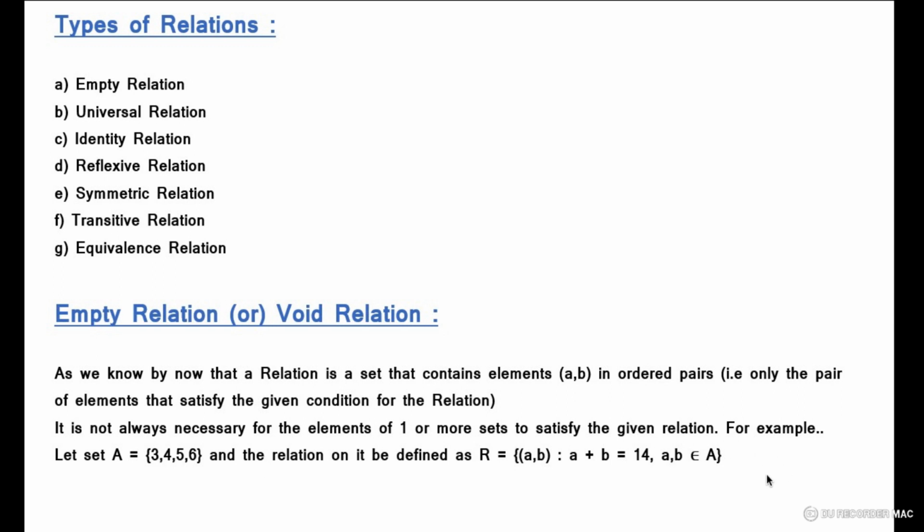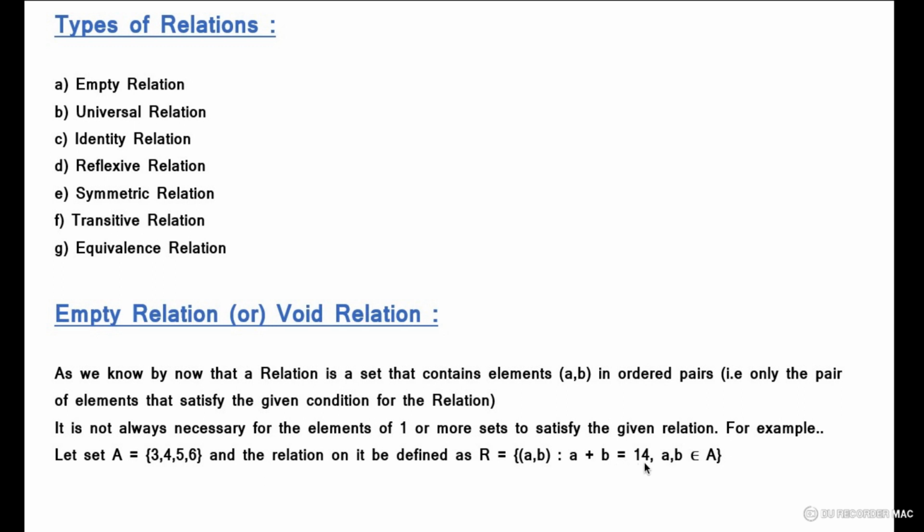For example, let's say set A equals {3, 4, 5, 6}, and the relation on it be defined as capital R equals (A, B), where A plus B equals 14, and A and B belong to set capital A. Here they have defined a relation on A, and the condition is A plus B should be equal to 14.